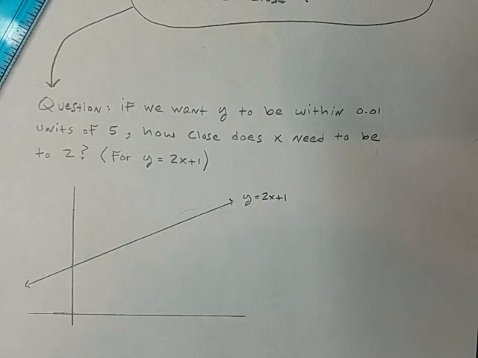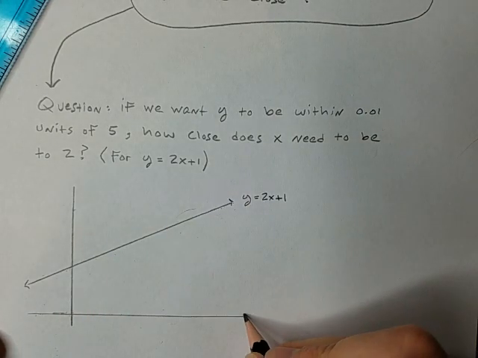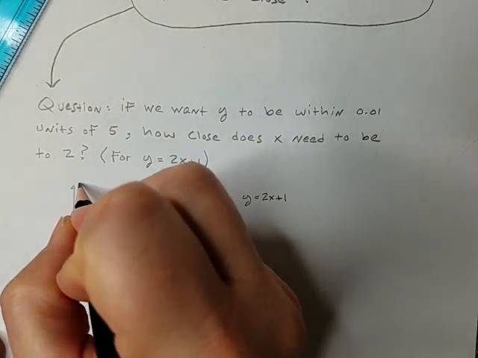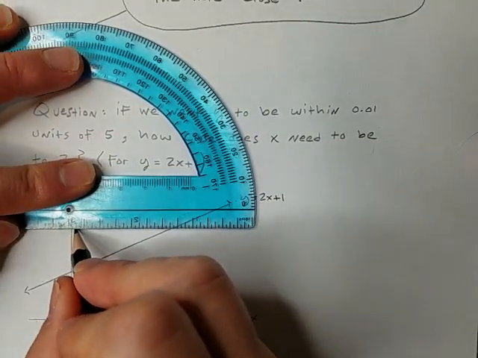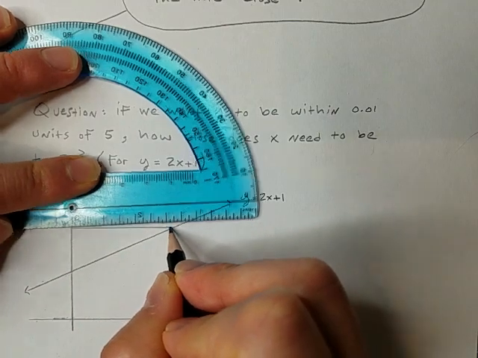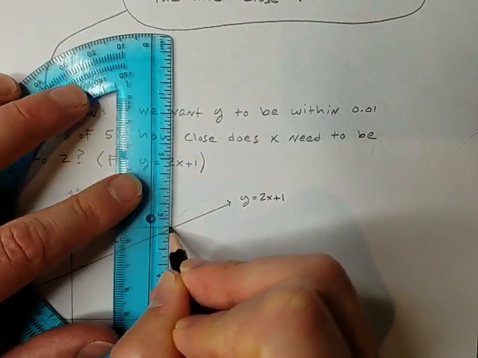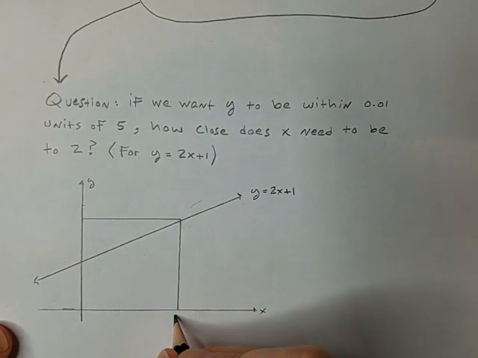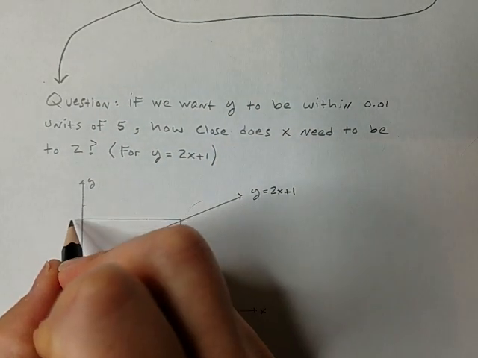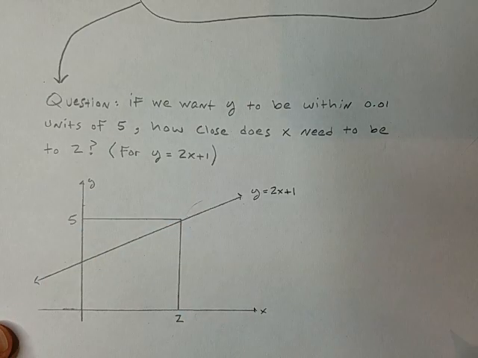I don't have any scale that I'm sticking to with this picture, but that's good enough. It is true that not only if x is close to 2 will y be close to 5, but as a matter of fact, if x is 2, then y will be exactly 5.